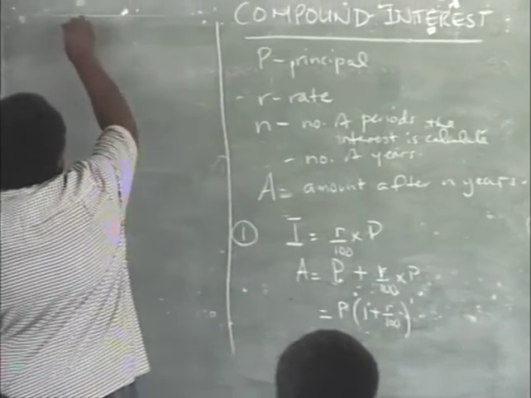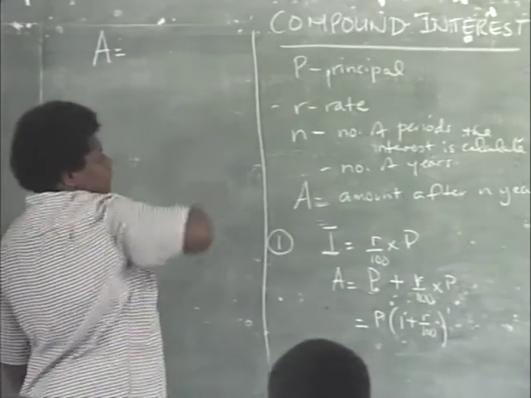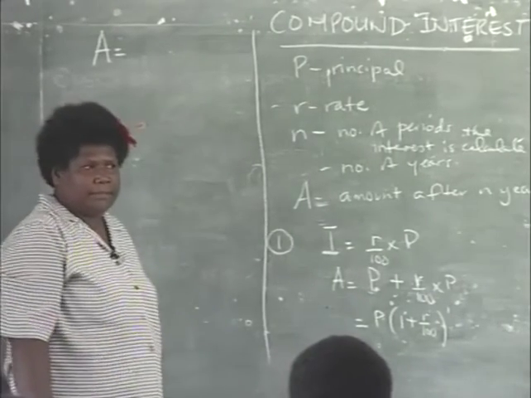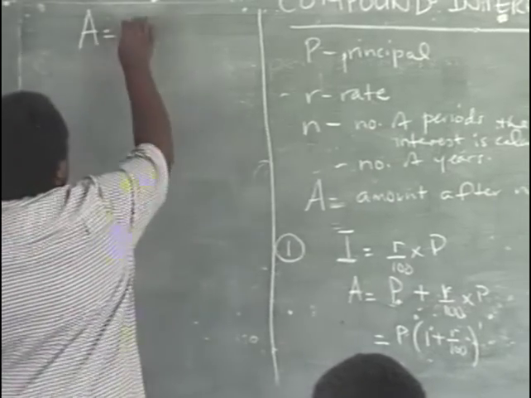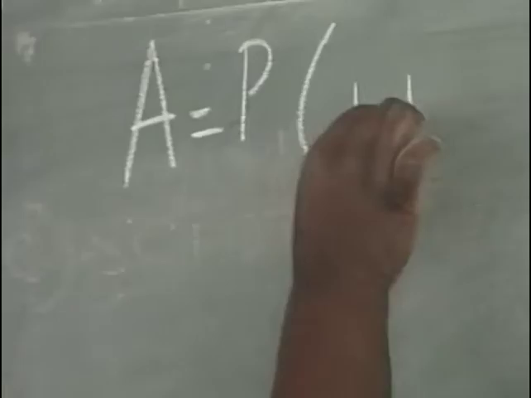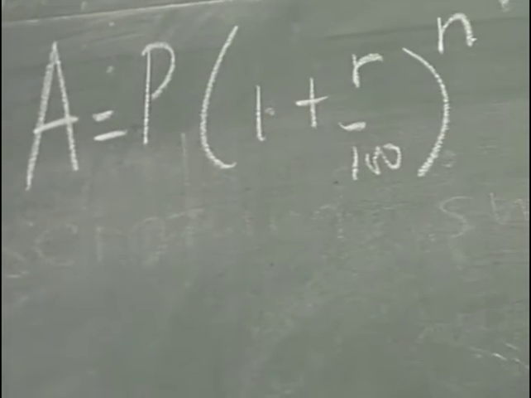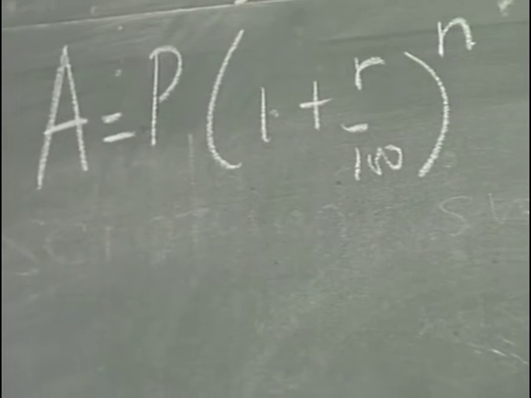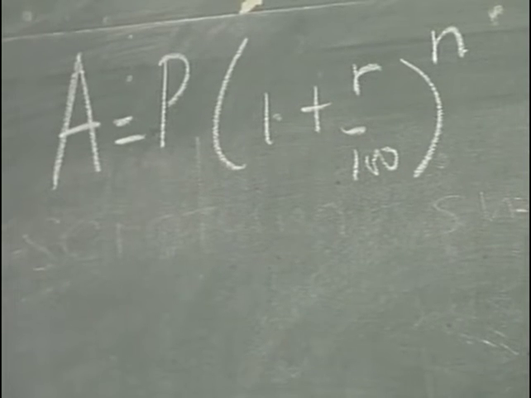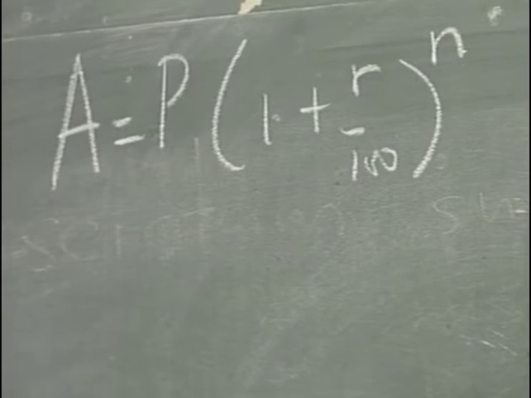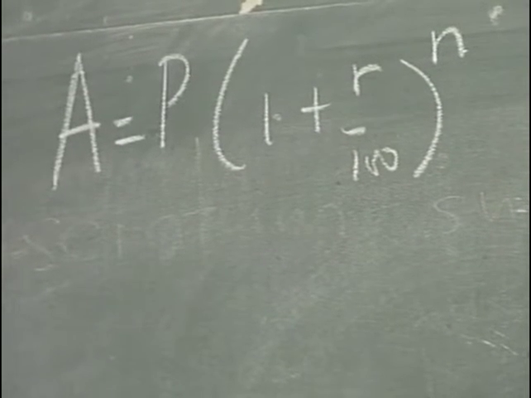I want the formula for the amount if it is invested for n years. It will be P times 1 plus R over 100 to the power of n. And that's the formula I asked you to substitute into, and some of you didn't get the answer correctly.